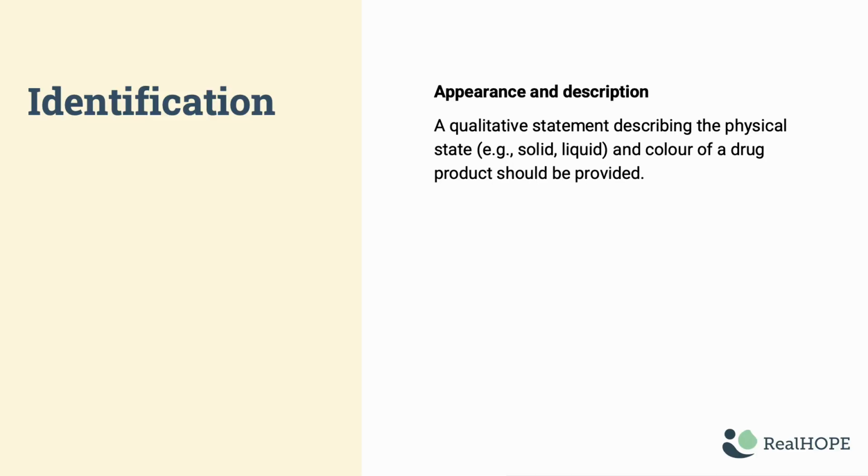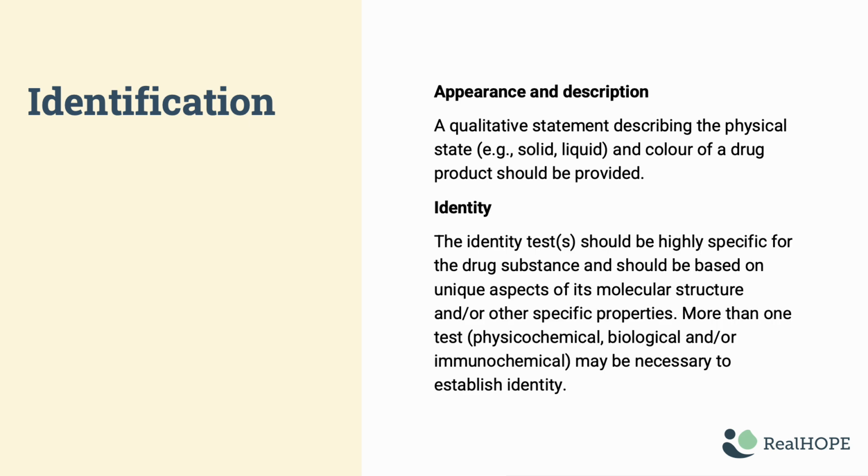A specification always contains a description of the appearance of the drug product, including if it's a liquid, dispersion, or a lyophilized powder, and also other information such as color, transparency, etc. That the product contains the right drug substance is tested in the identity test.